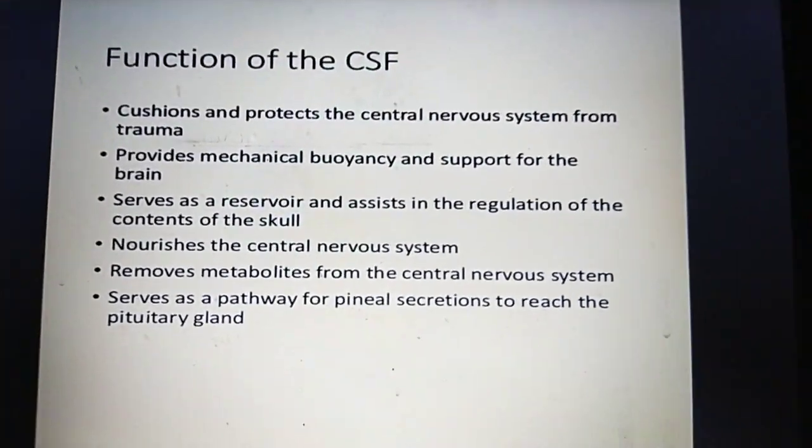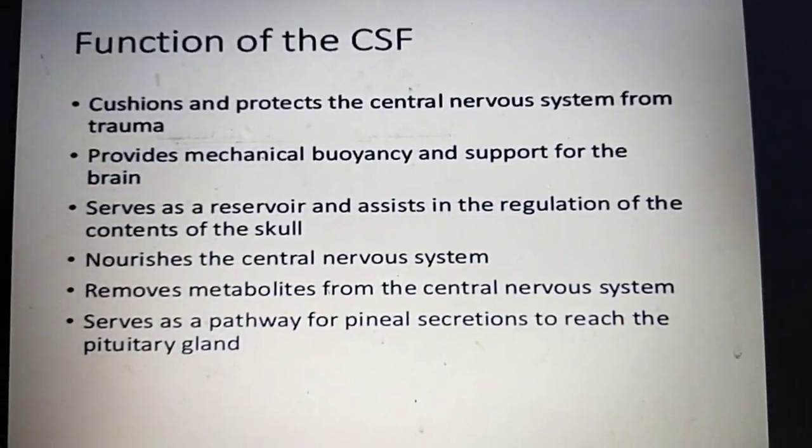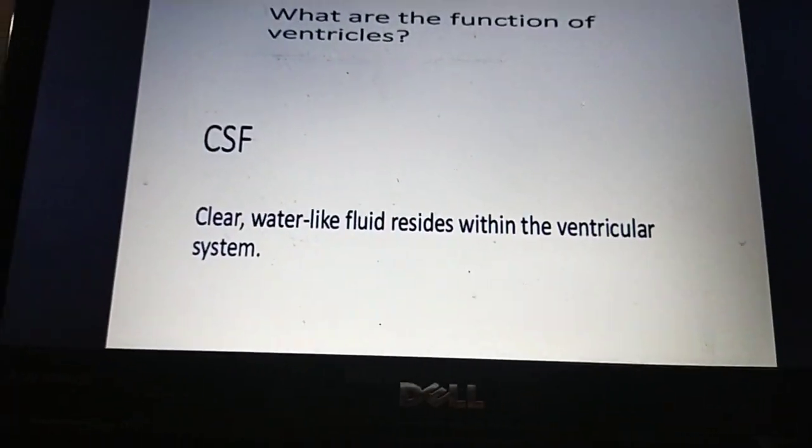The function of the CSF. The main function of the ventricles is to produce the CSF.